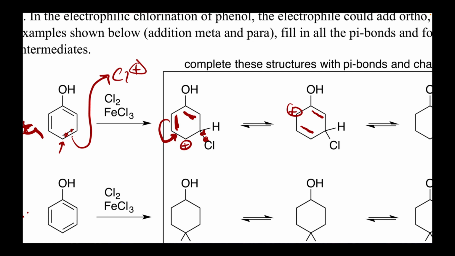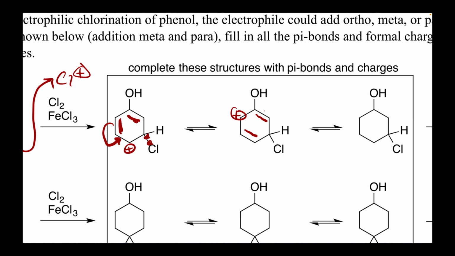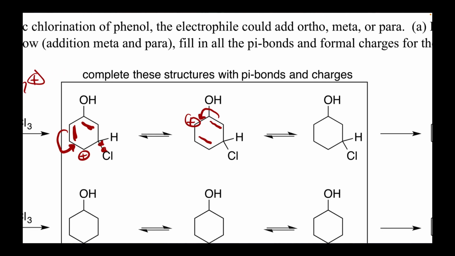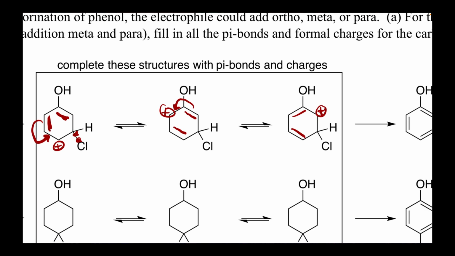The double bond moves over. And we can do that again, putting the plus charge there, the double bond there, and the double bond there. And so those would be the 3 resonance forms for the meta position of the attack of the chlorine plus. Okay, so what's different here?